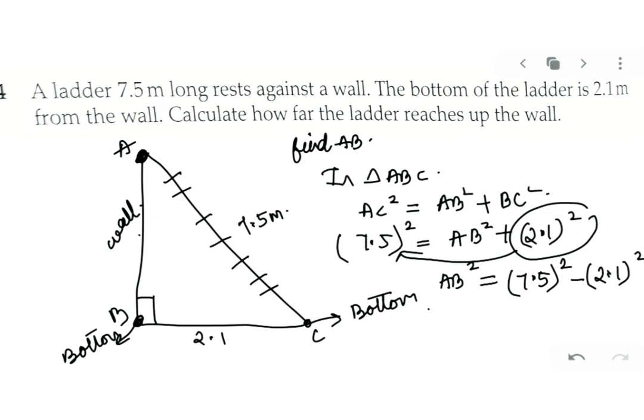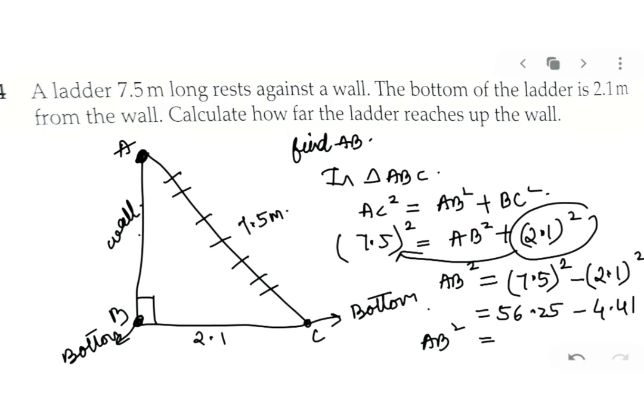7.5 square, multiply 7.5 two times. So you will get 56.25. Subtract 2.1 squared, you have to multiply two times. So you will get 4.41. Once you get that, you will get the value of AB square.